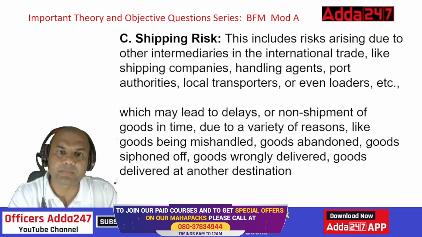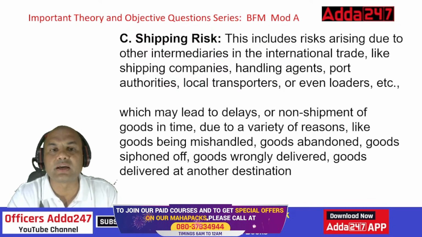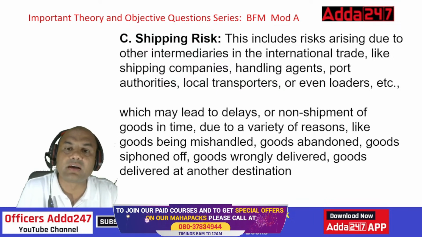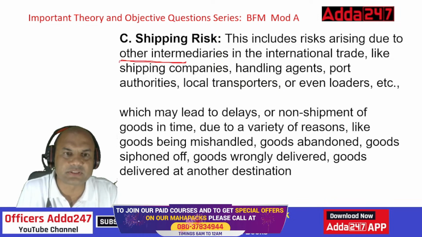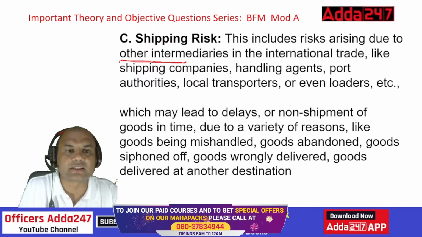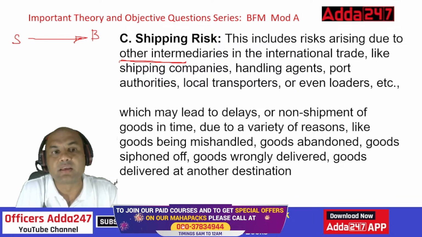Okay, shipping risk. This includes risk arising due to other intermediaries. What do you mean by other intermediaries? There are basically two parties in any business, one is the buyer and the second is the seller. The seller sends the goods to the buyer, and then the buyer gives the payment. Now what is shipping risk?